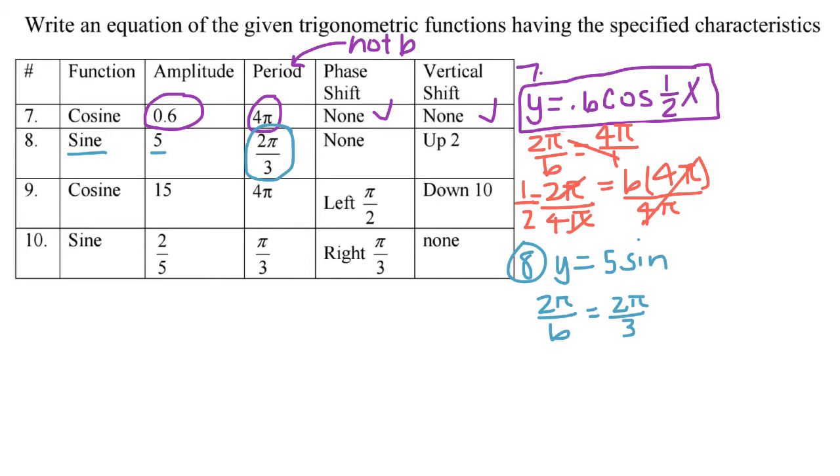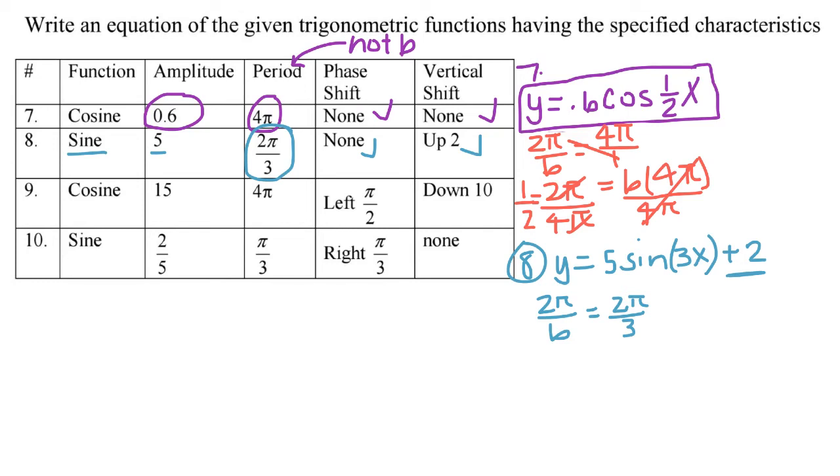So what does it look like b is going to have to be? It looks like b is going to have to be 3. And then we have that times x. And then notice we have no phase shifts, but we're moving this all up 2. So we're going to have a plus 2 out here to the side. To keep things separated, it might be a good idea to put your angle inside parentheses, so we know that that plus 2 is really out here in the end.